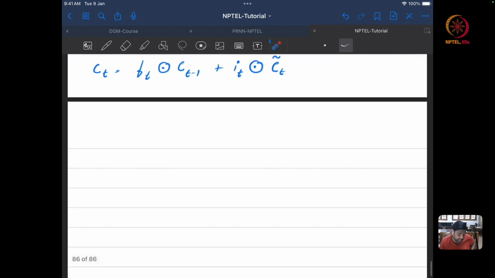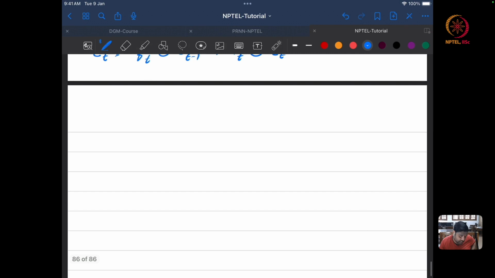Now you have to get your HT. To get the HT, you need the output gate OT, which is sigmoid of WO times the concatenated XT and HT-1, plus BO.